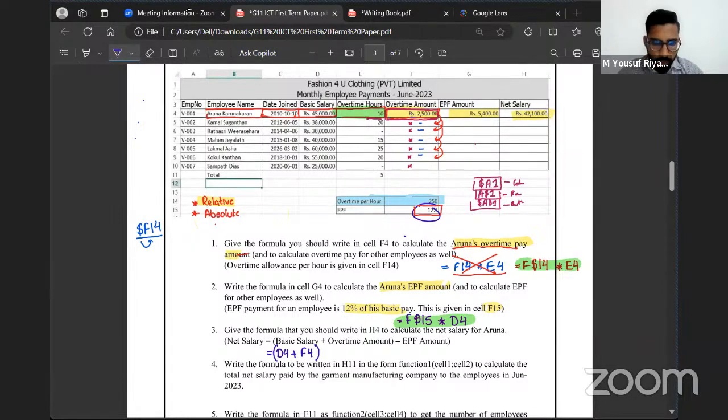Actually, bracket is not important here, but anyway, subtract the EPF amount. The EPF amount is there in G4 cell. So Anura's net salary, which he will be getting, is equals D4 plus F4 minus G4. Is that clear?